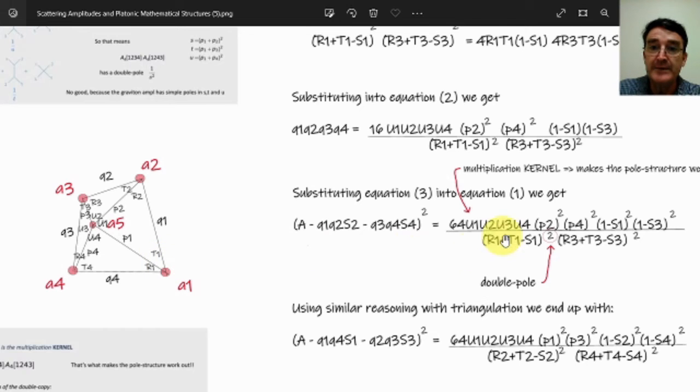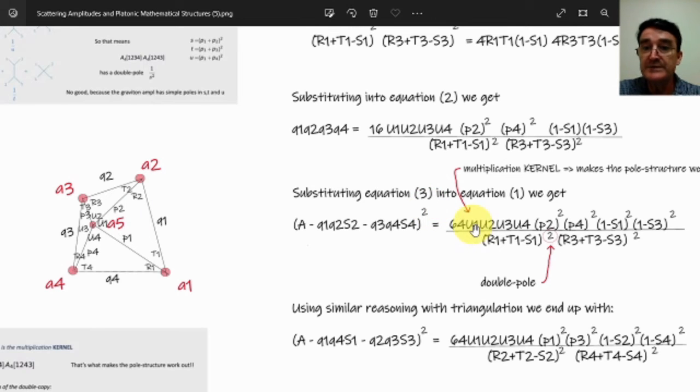So what happens is we get a pole in the denominator here, because when T1 goes to 0, we have R1 is equal to S1, and that's going to become 0. And so this is a double pole in the denominator. And in the numerator, U1 is going to be 0 when this point A5 is on this boundary.